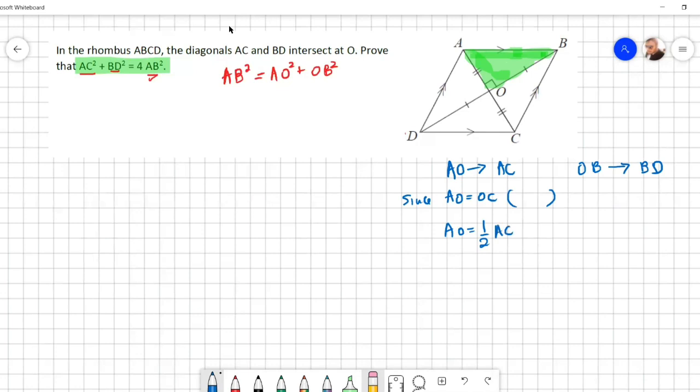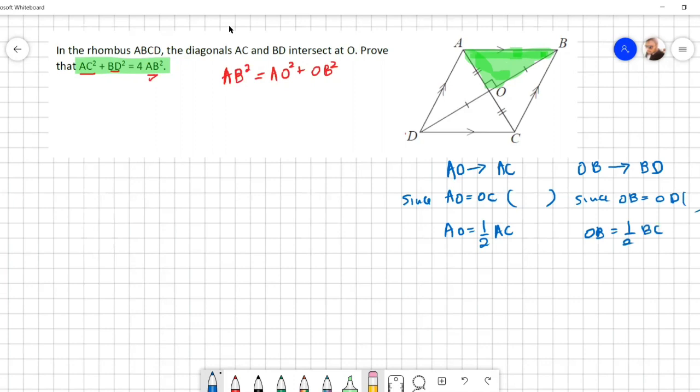Similarly, on the other side, since OB equals OD, same reason, diagonals bisect each other. O will become the midpoint of BD. Therefore, I can tell OB equals half of BD.